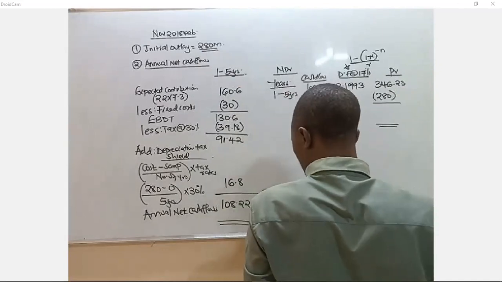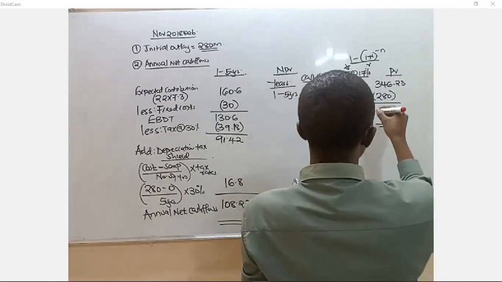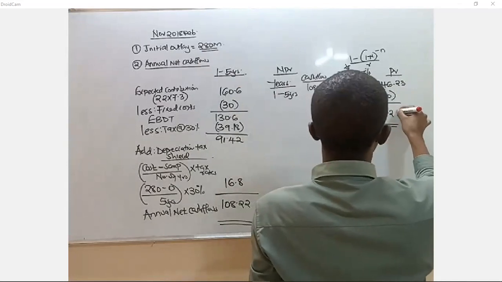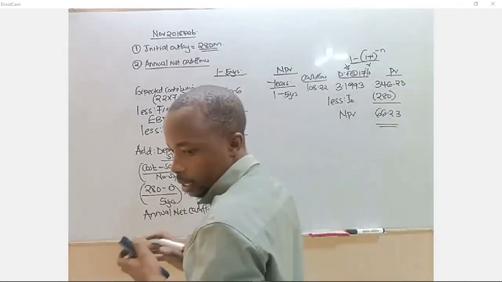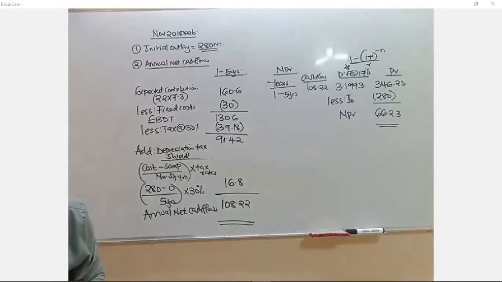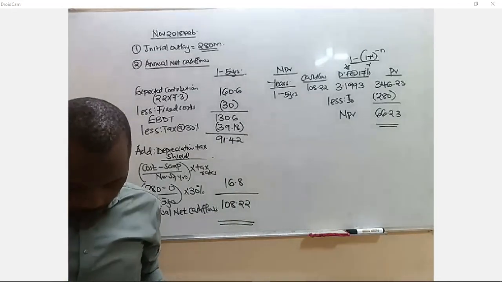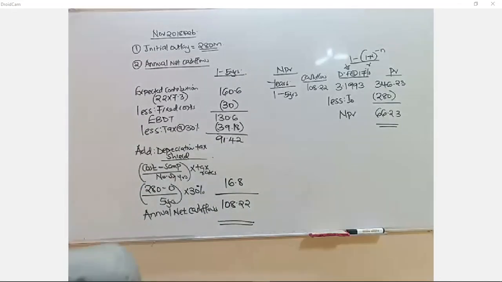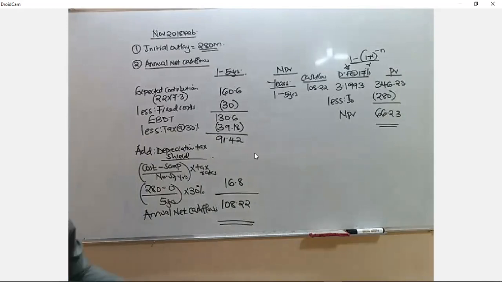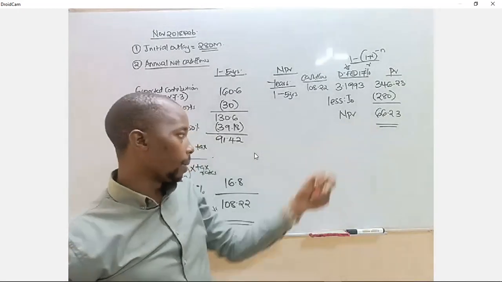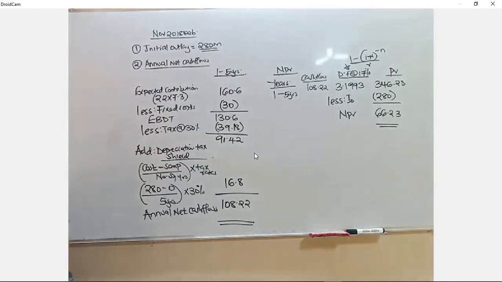So minus 280, getting an NPV of 66.23. 66.23. So in this case, you can tell them to invest in that project since our NPV is positive. Our NPV is positive. So if the examiner had asked me for advice, that is the advice I could give.